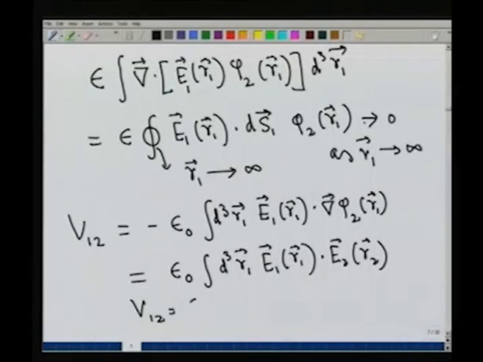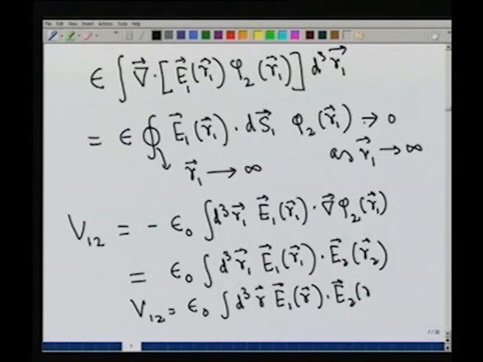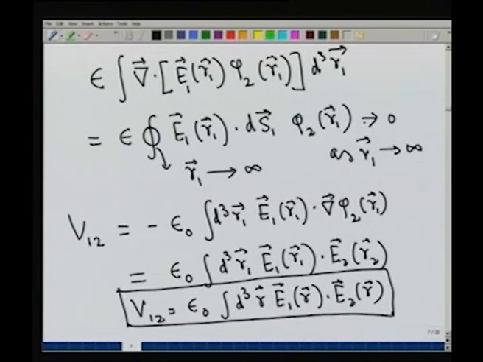I will write V12 is equal to epsilon naught integral d cubed r E1 of r dot E2 of r. So this is another famous, popular expression, much often used in order to determine the potential energy between two distinct charge distributions.